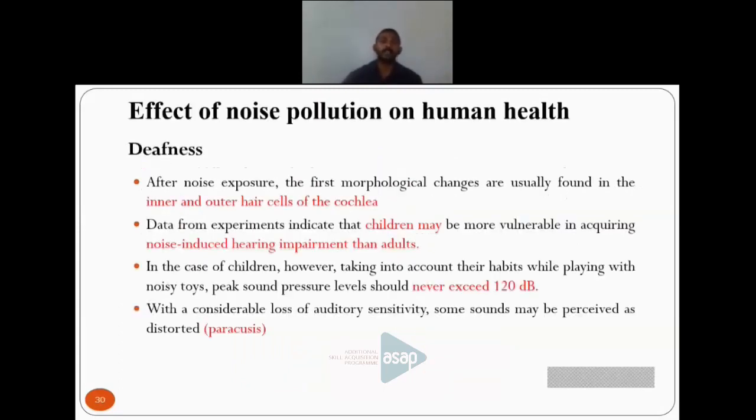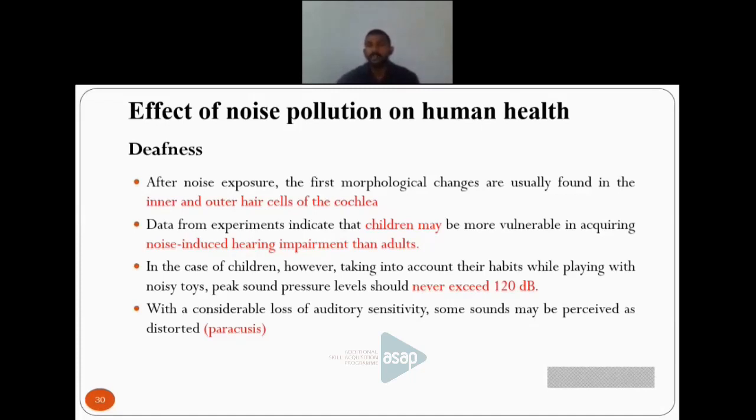First comes deafness. Continuous exposure to a noisy place irritates the human, and after a few days he will become deaf. Studies show that with continuous exposure to noise, the first problem is that the inner and outer hair cells of the cochlea get damaged.